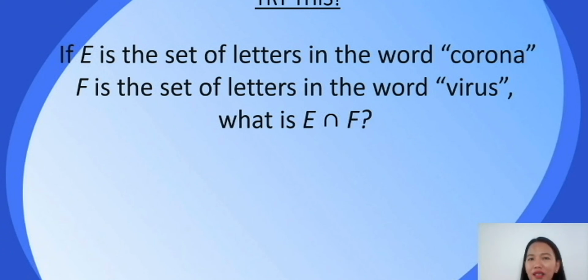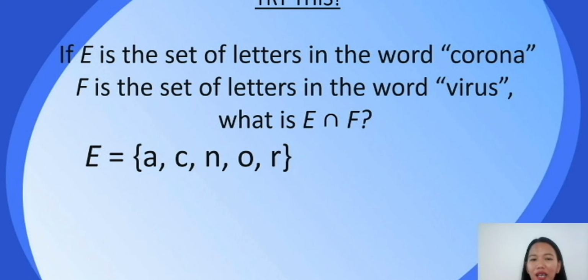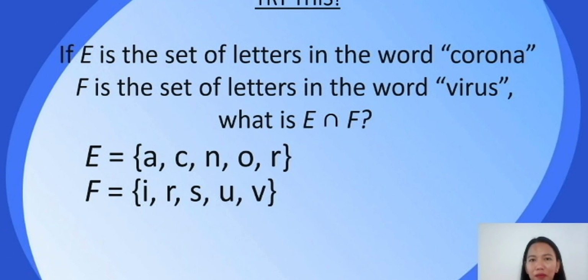Just like what we did in the union of sets, we have to list down first what are the elements of E and F. So again, E is equal to A, C, N, O, and R. And F is equal to I, R, S, U, and V. After listing down the elements, identify what is the common element or elements in the two sets. Nice one. So E intersection F is equal to R.